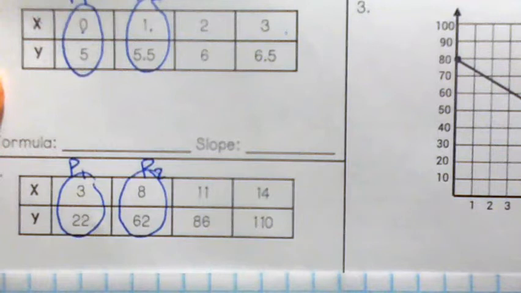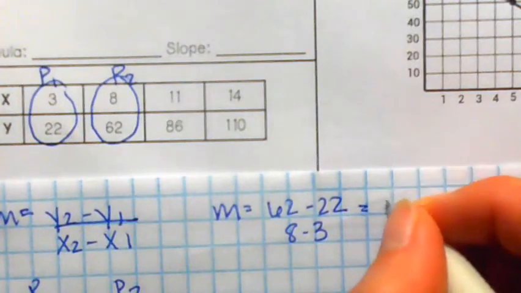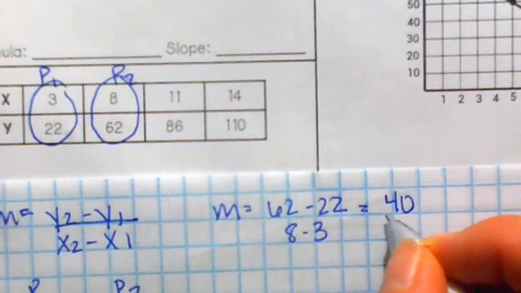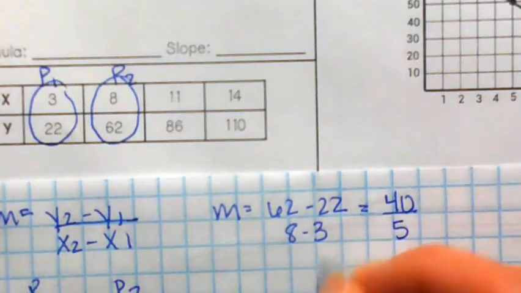So when I plug those numbers in, my y2, 62 minus 22, over x2 minus x1, 8 minus 3. 62 take away 22 is 40, over 5. 40 divided by 5 is 8.